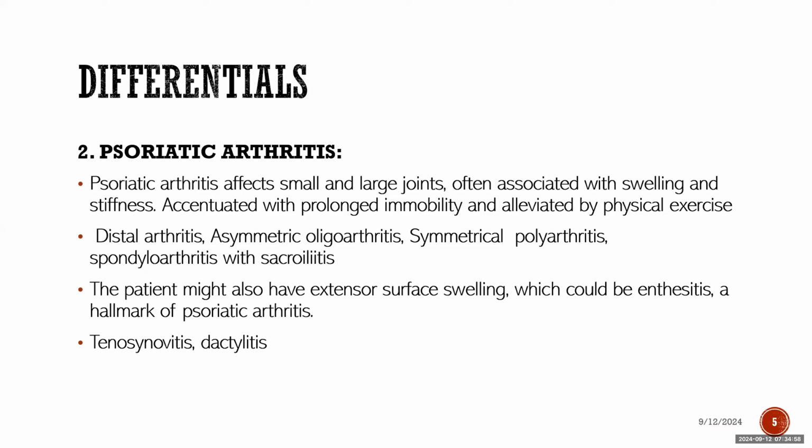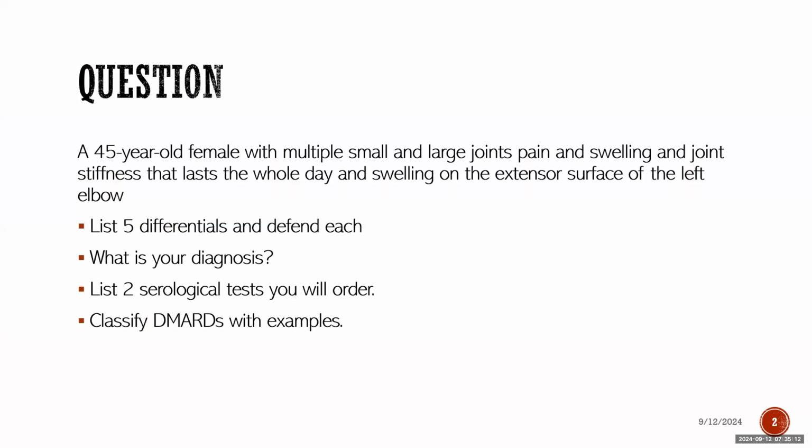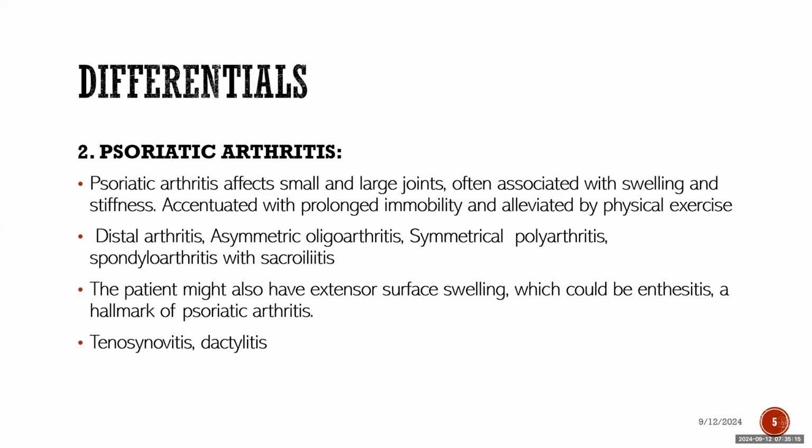It could also be symmetrical polyarthritis, where it affects more than 5 joints symmetrically. And also it could come in as spondyloarthritis, as we saw here in the question, based on the large joint. So it could also have sacroiliitis with it. This could also potentially be a differential.